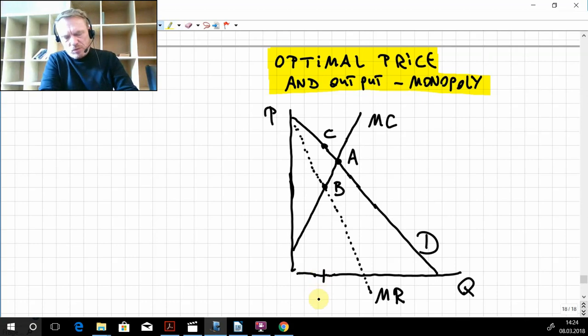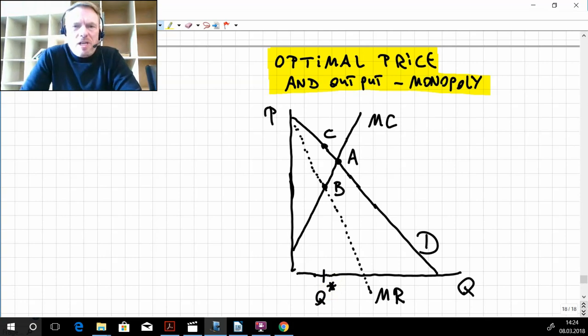So the optimal quantity, let's call it Q star. The optimal quantity for a monopolist is Q star, but the optimal price is not linked to point B, which is not here. The point is that the optimal price goes this way.